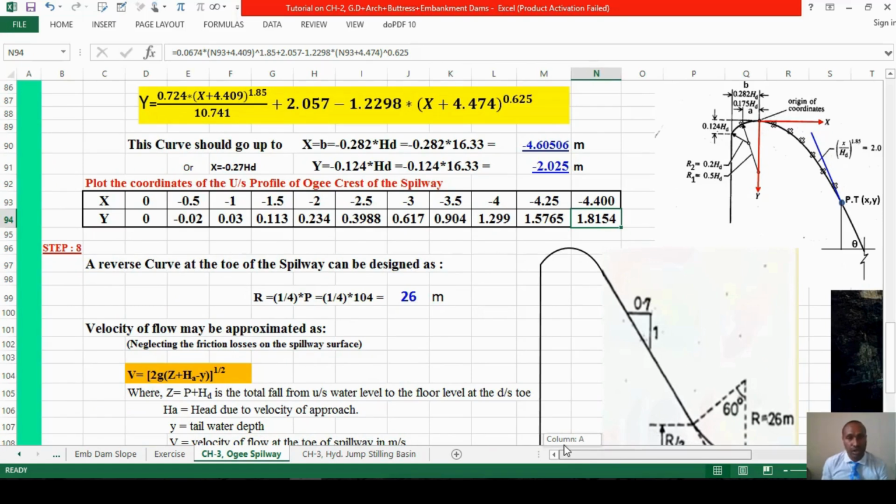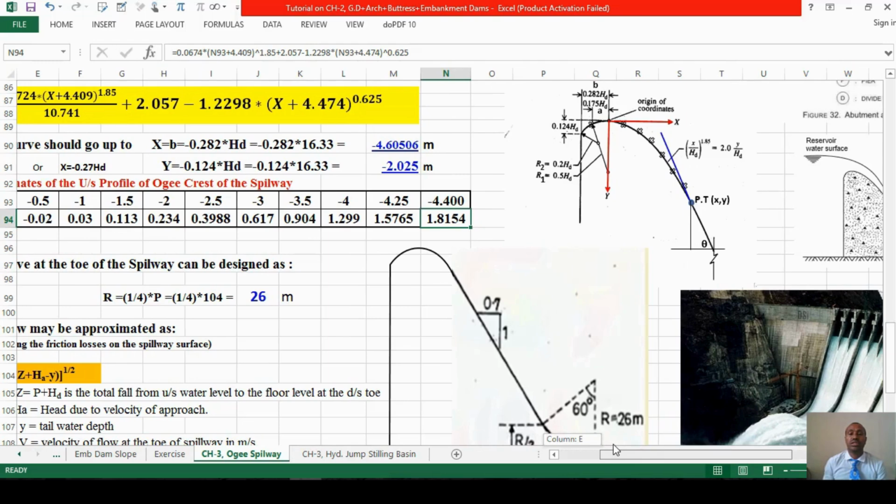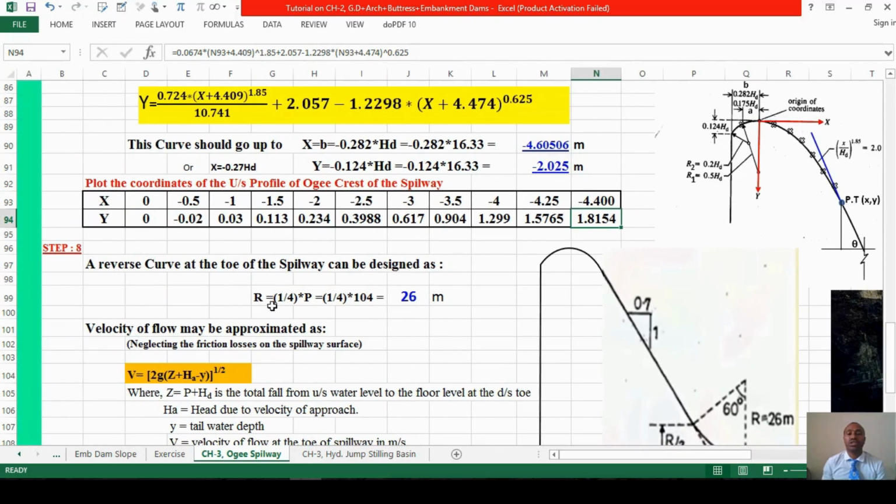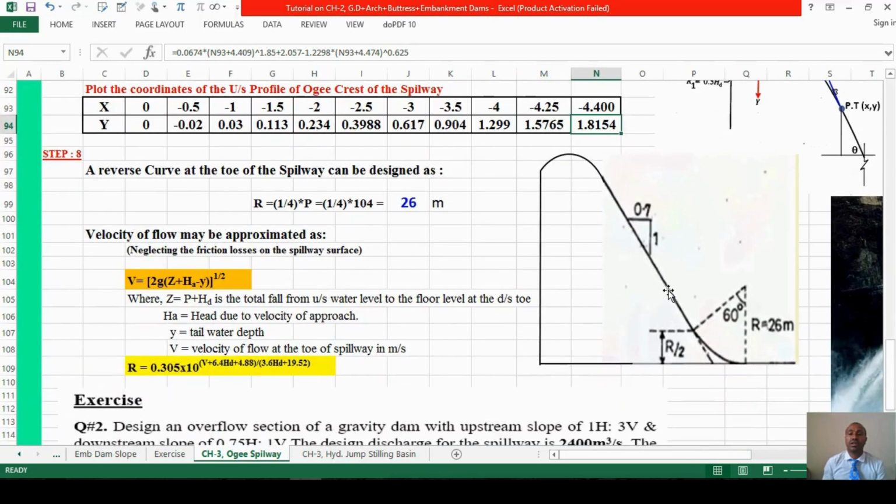The next step, step 8, is a reverse curve. A reverse curve at the end of the spillway can be designed using this formula. You provide the reverse curve radius R. One quarter of the spillway height gives 26.